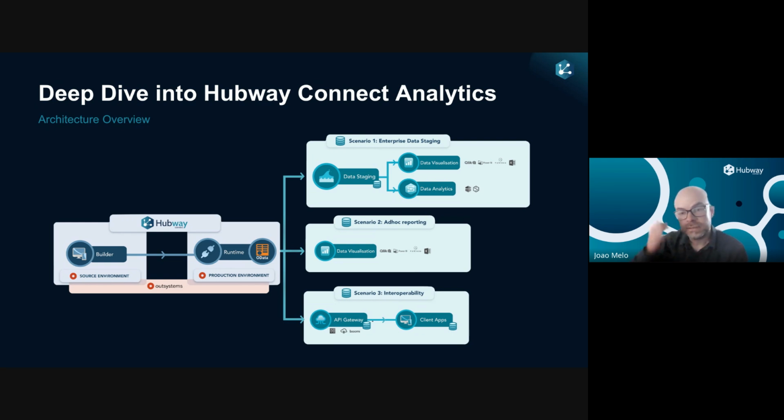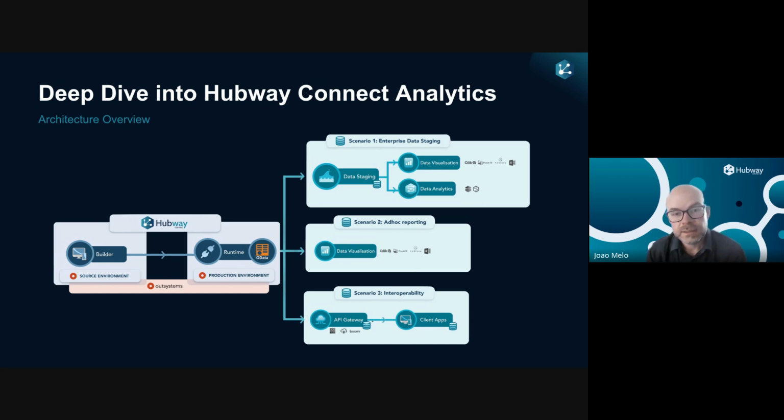And we also have a custom authentication mechanism where an OutSystems developer can build a module that will validate authentication. That module can be configured as a plugin into Hubway, and Hubway can leverage custom built logic to handle the authentication and authorization layer. So I hope that information was clear enough.